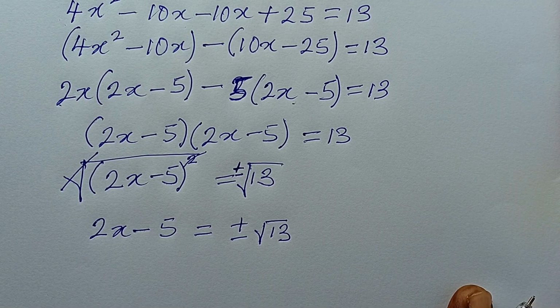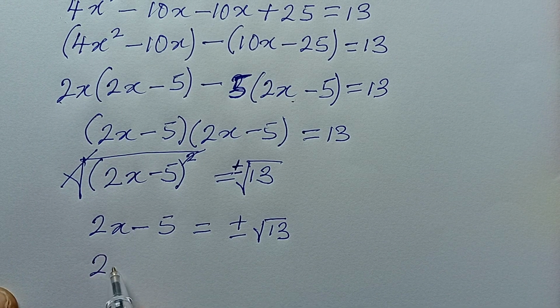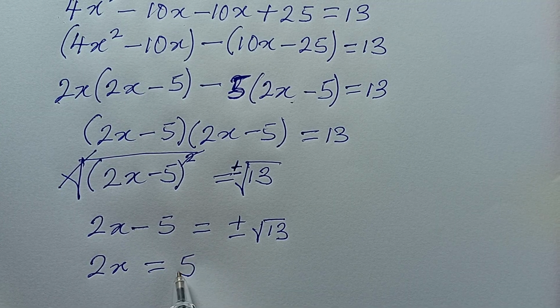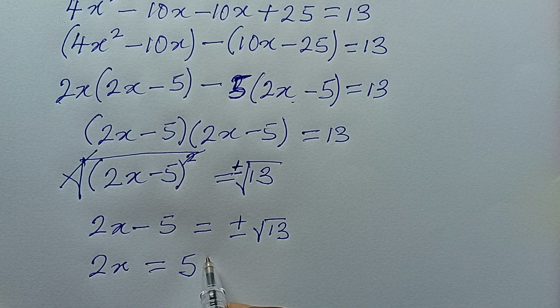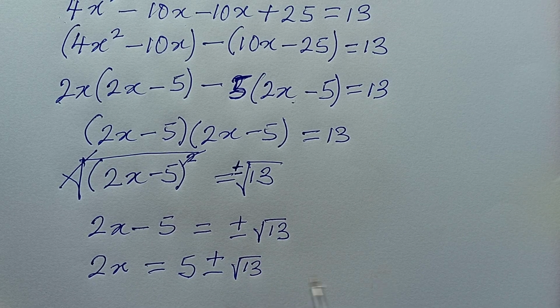This is nice, right? Good. Then from here, we move this to this side or add 5 to both sides. So this is going to give us our 2x here is equal to our 5 because it's going to become positive, then plus or minus the square root of our 13.